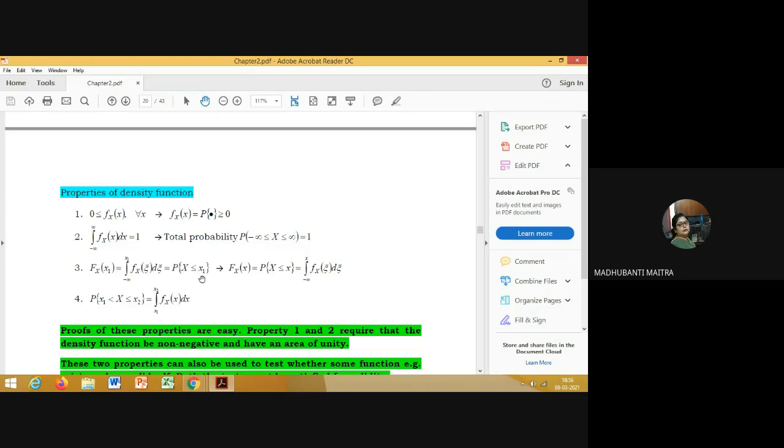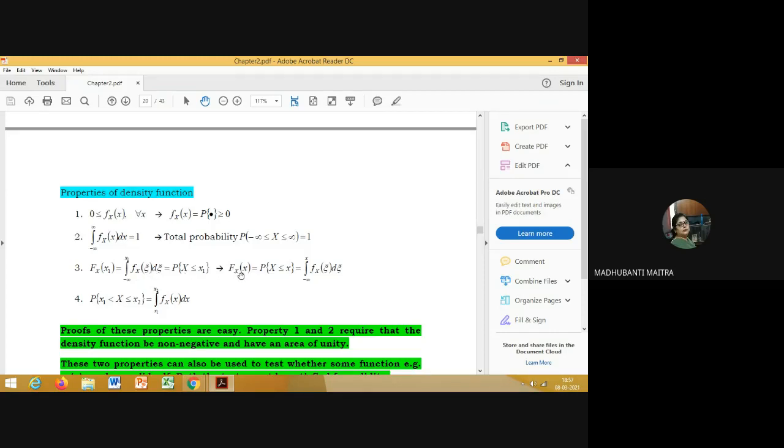So this is quite simple. This is another form of representation of the distribution function. We can represent density function as the first derivative of the distribution function, or we can represent the distribution function as the integration or area under this density function.